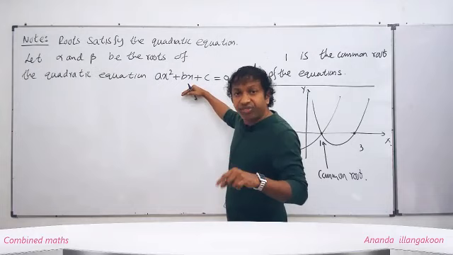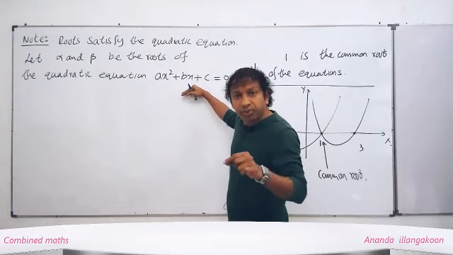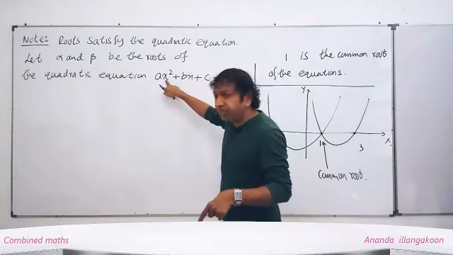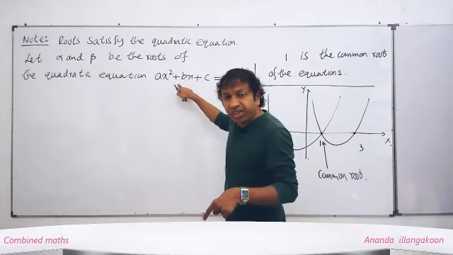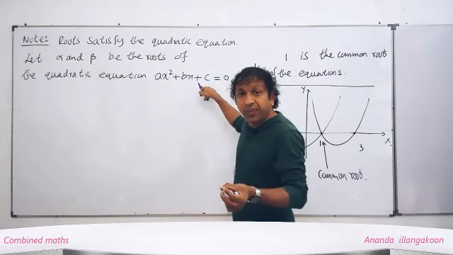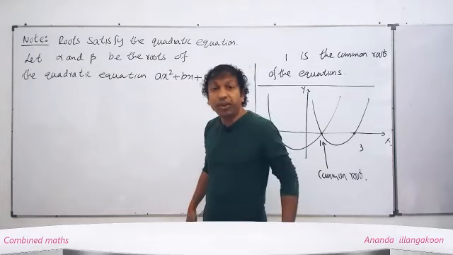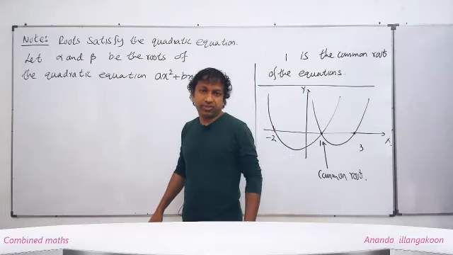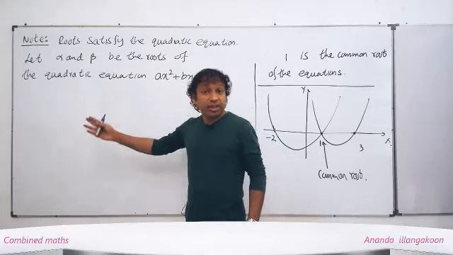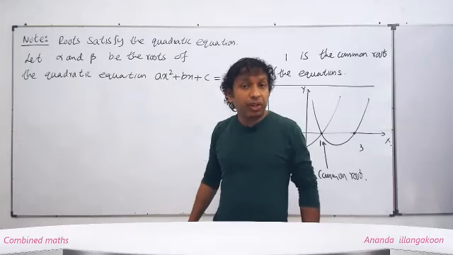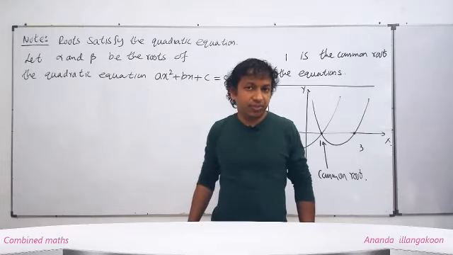Then, since alpha is a root, alpha should be able to satisfy this quadratic equation. What do you mean by that, people? When you put alpha for this x, on the left hand side we get a particular expression, no? That should be equal to right hand side 0. Left and right become 0 when you substitute the said root for x. Therefore, people, by taking this alpha and beta, on two occasions, we can obtain two relations.